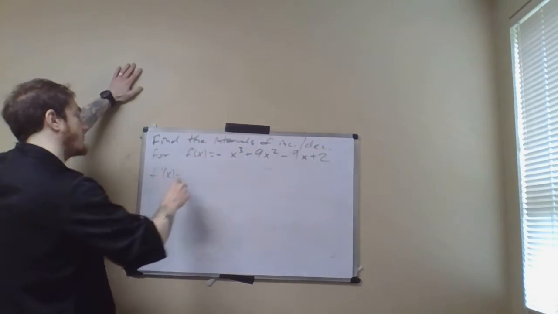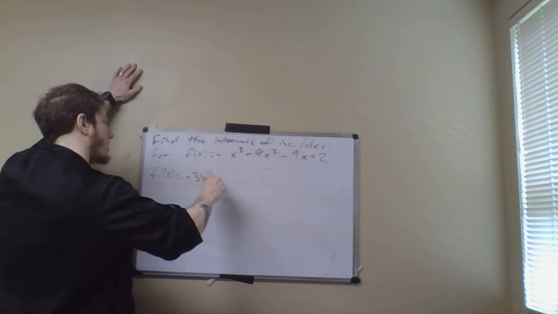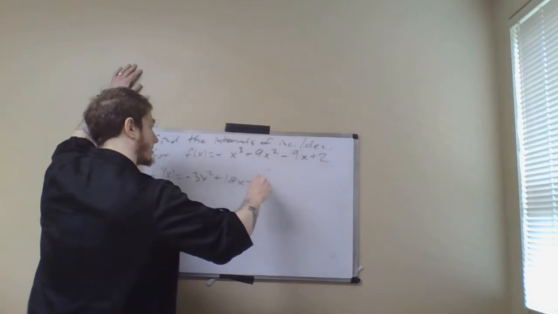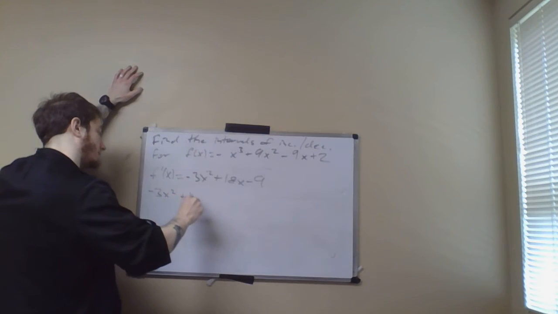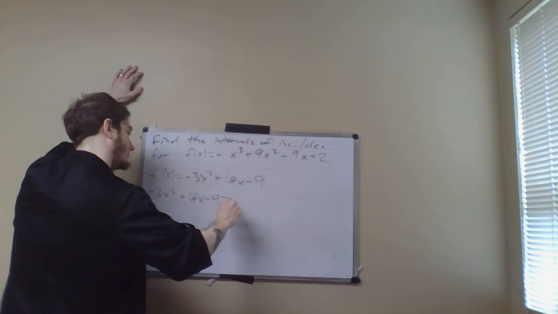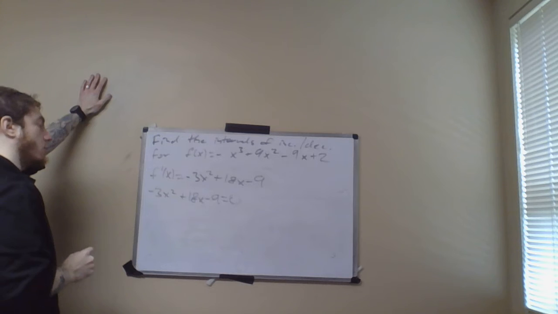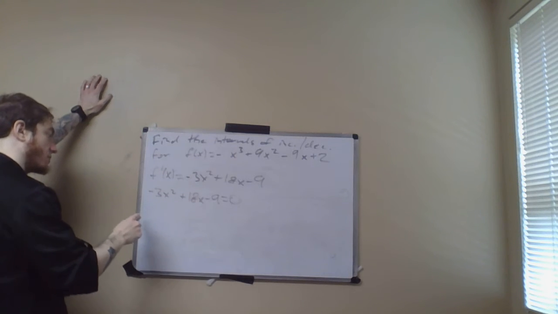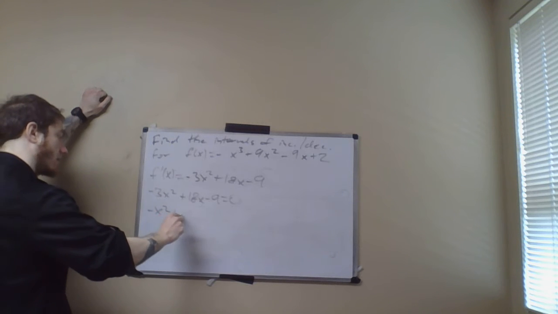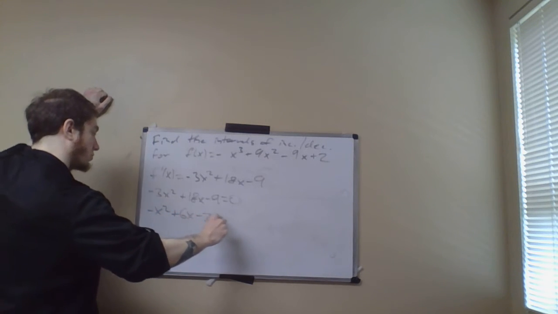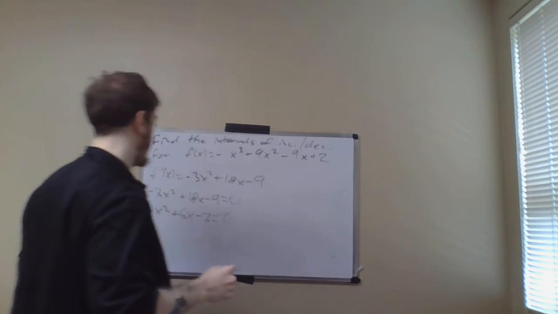So when I take the derivative, this is negative 3x squared plus 18x minus 9. I take that and I set it equal to 0. When I set that equal to 0, I can divide everything through by 3. That gives me negative x squared plus 6x minus 3 is equal to 0.